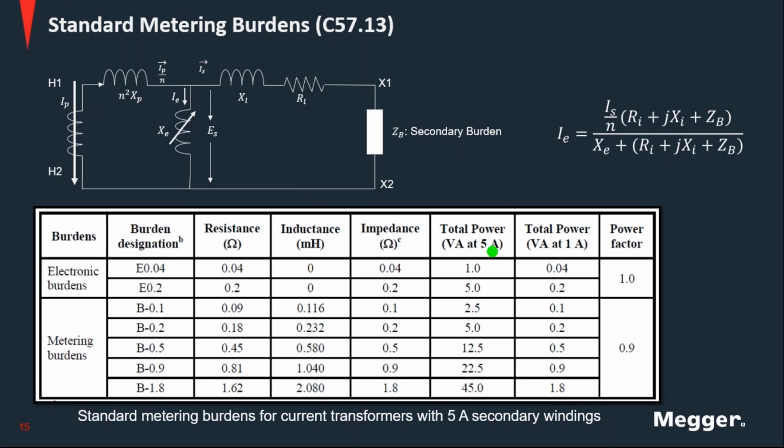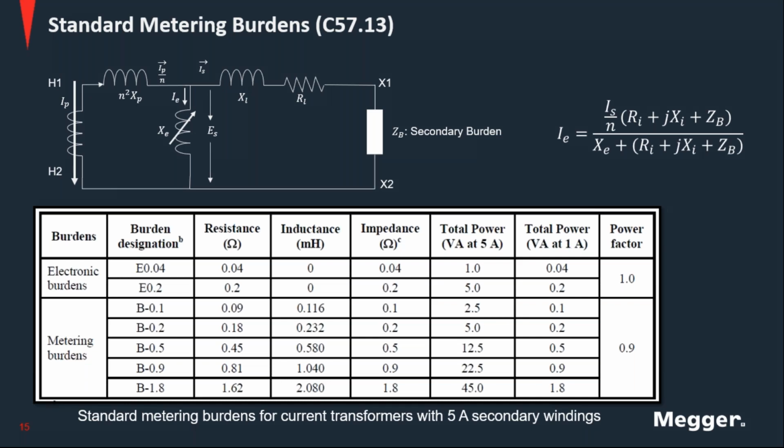And this burden is also expressed as VAs. So you can have a maximum of 45 VA, which is telling you that this instrument transformer can only supply a load up to 45 VA if you are using a 5 amp secondary current in CTs, and 1.8 if you are using 1 amp as secondary current.